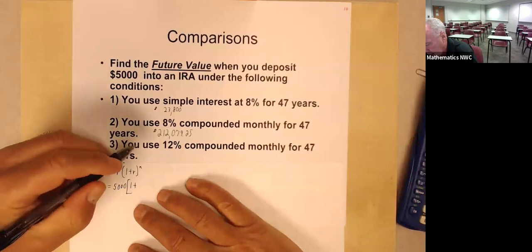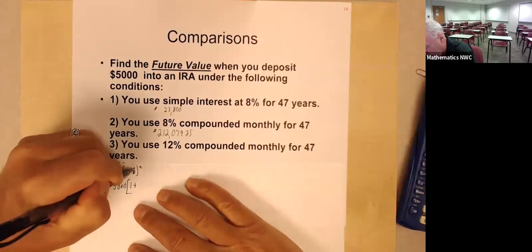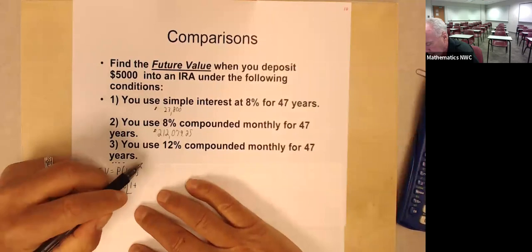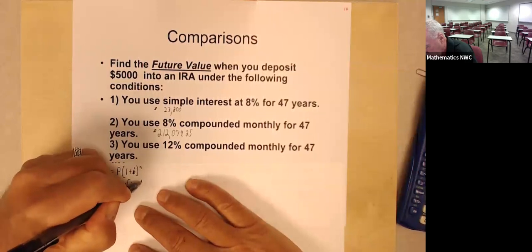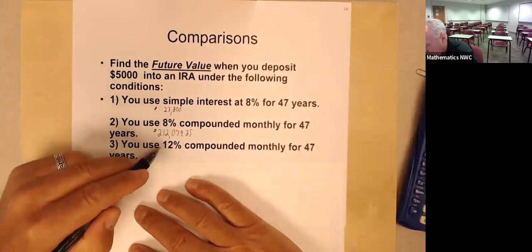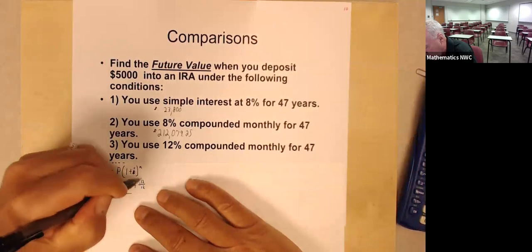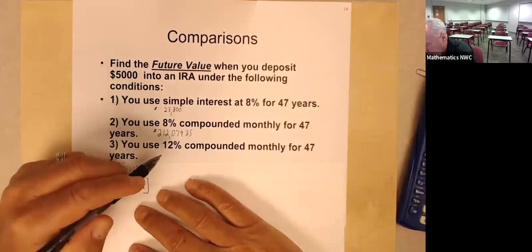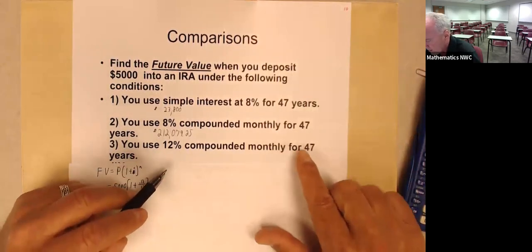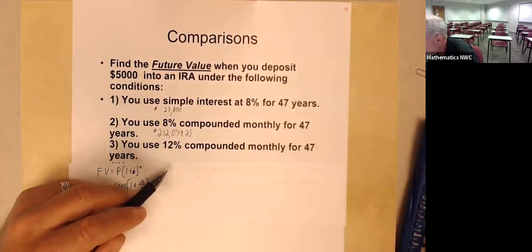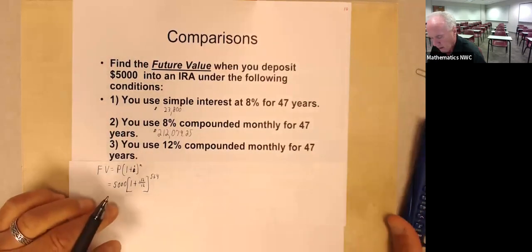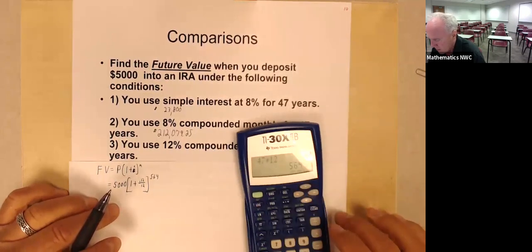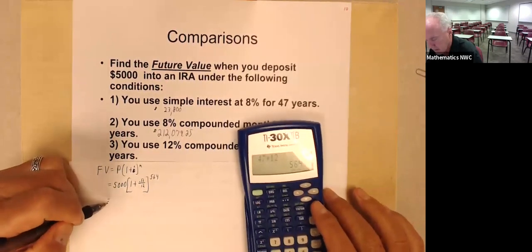In this case, I think that was supposed to be an I. I wrote down the wrong one. That is going to be our 12% compounded monthly, which would be 12. And it would be monthly for 47 years. 47 times 12 gives us 564. Then watch my calculator procedure to do it all at one shot.